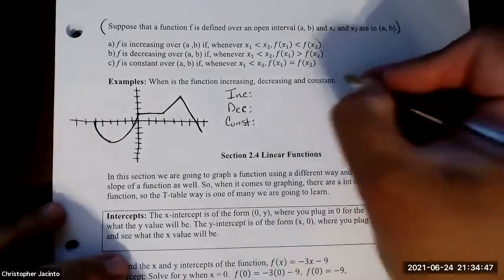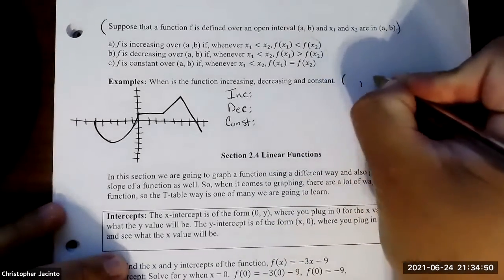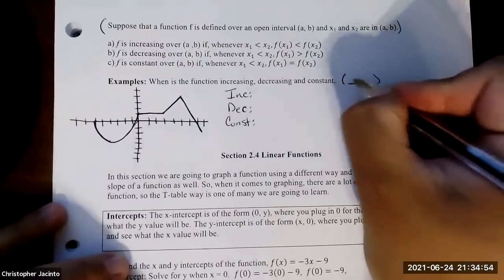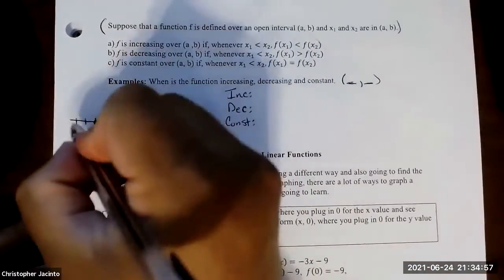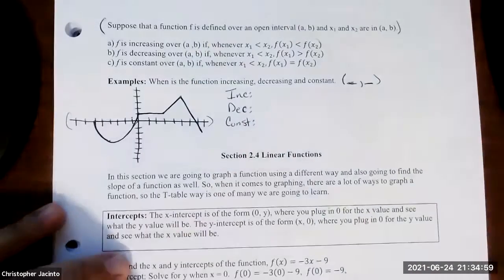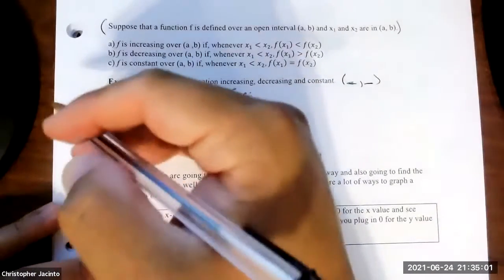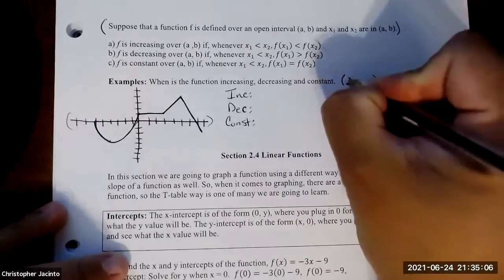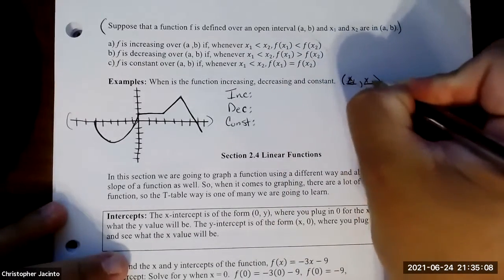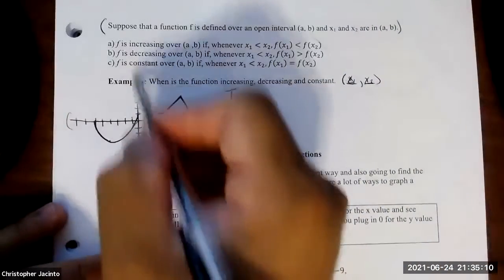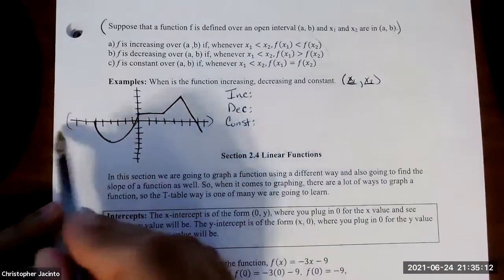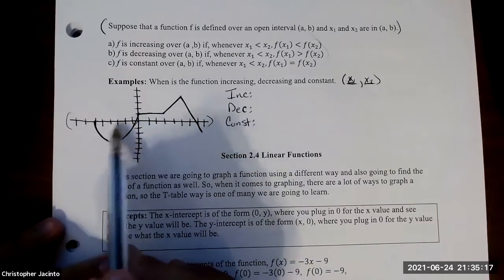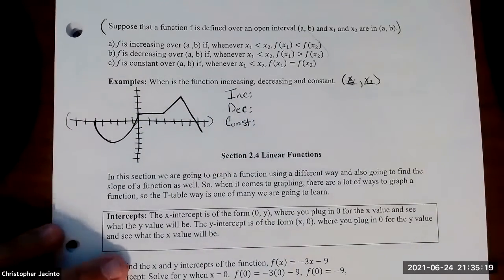When it comes to interval notation, we have a start and an end point, right? The numbers we're looking for are always going to be the x values, never the y values. So whenever it asks you to find from where to where is increasing, it's always from one x value to the other x value. Never up and down. It's always from left to right, only on the x scale, which is pretty nice because we're only looking from where to where is it going up, where to where is it going down.